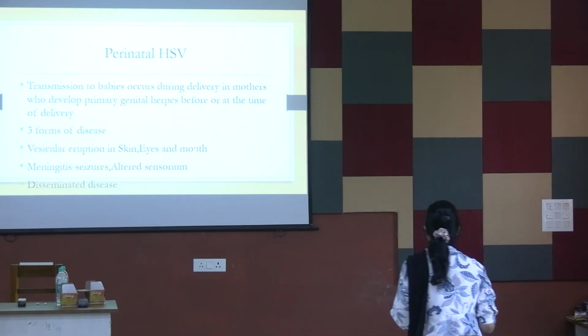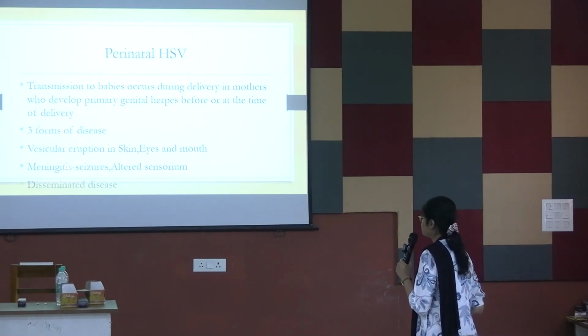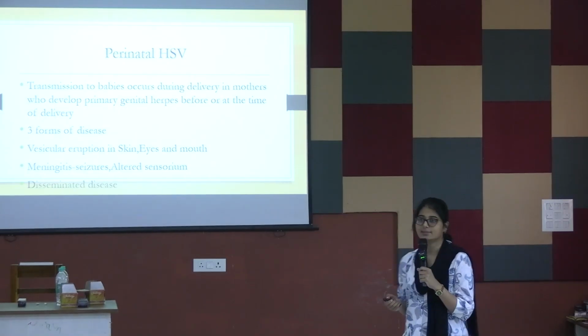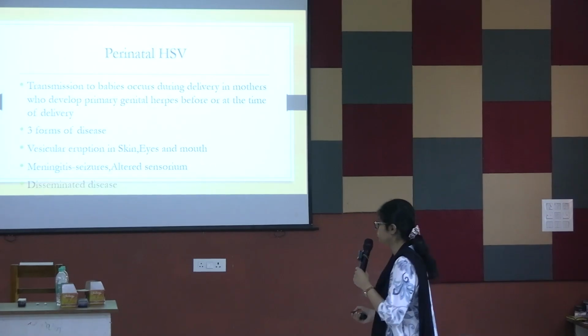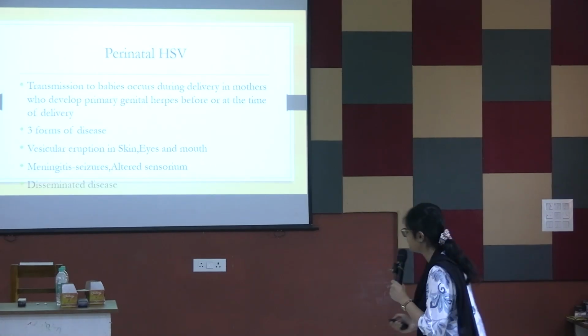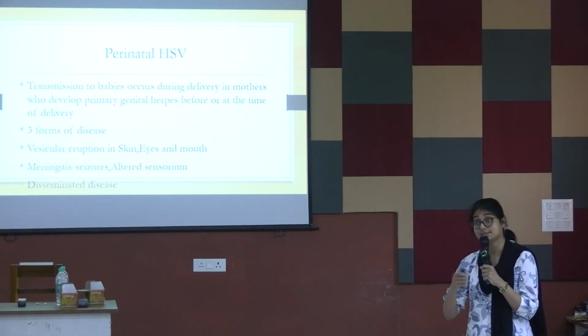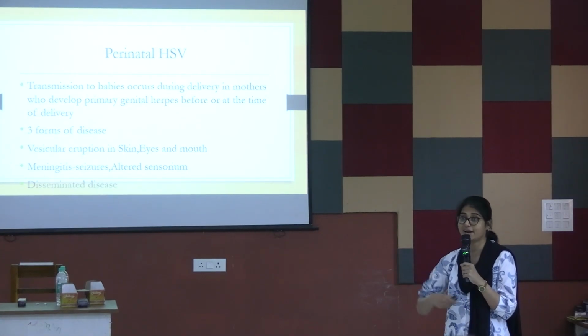So there are 3 forms of herpes simplex virus disease. There can be vesicle eruption in the skin, eyes and mouth. There can be meningitis also, which is very bad. If there is meningitis, there will be seizures and altered sensorium, and there can be disseminated disease, like it has all spread inside the body.